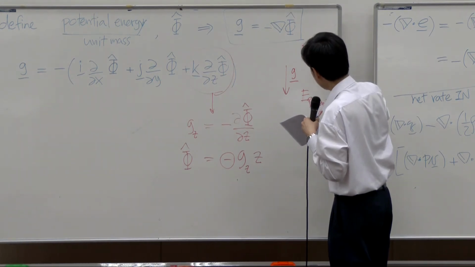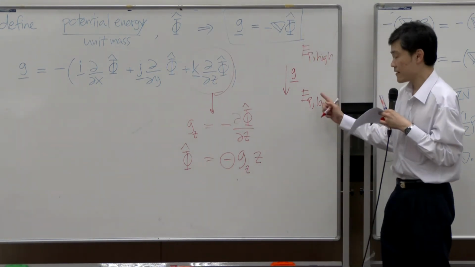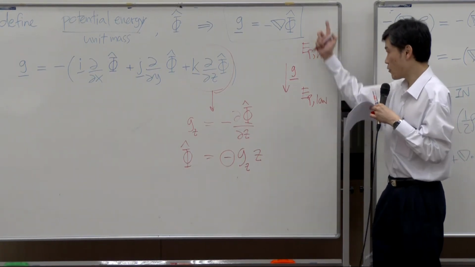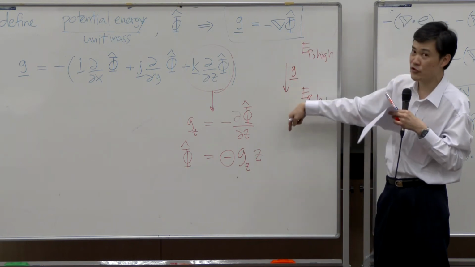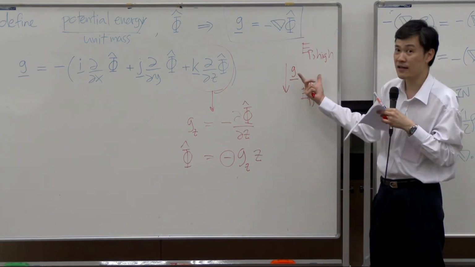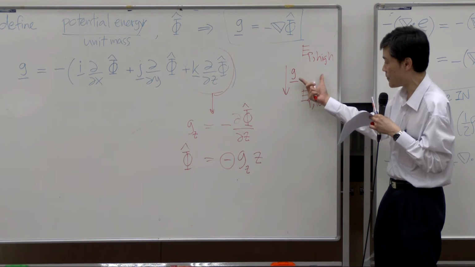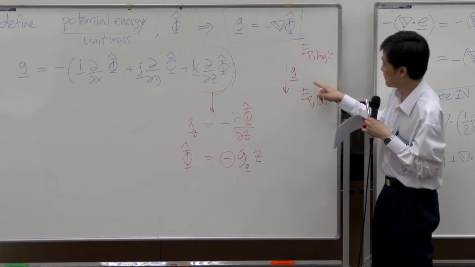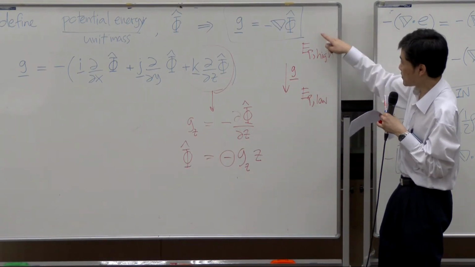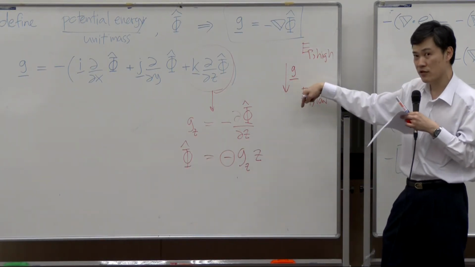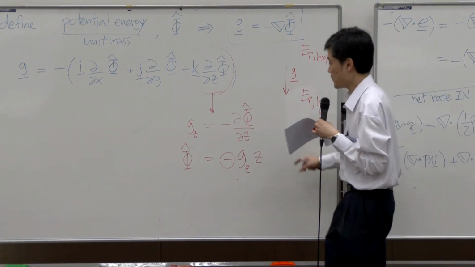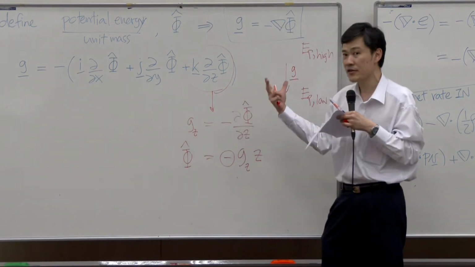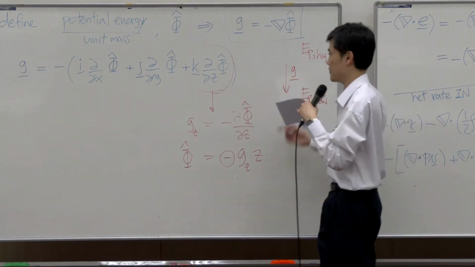You can see that the direction of the increase in potential energy, from low to high, is going against the direction of G. Therefore, the signs are totally opposite. I have to put minus over there. This just signifies that the increase in potential energy is going against the direction of G. All right? So if you repeat this calculation for the x and y components, you can get G in general. Okay?